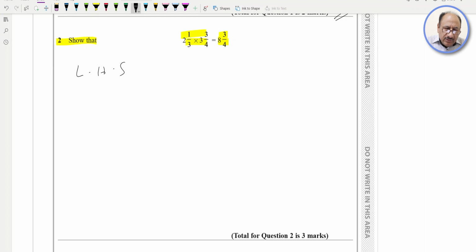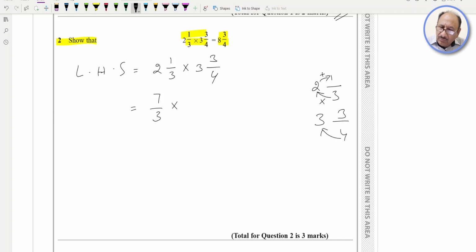Left hand side is equal to 2 whole 1 over 3 multiplied by 3 whole 3 by 4, and we can solve 2 whole 1 by 3. 3 into 2 will be 6, and then we will be adding 1. 6 plus 1 will be 7, so 7 over 3, and similarly 3 whole 3 by 4. 4 will be multiplied by 3, so it will be 12. 12 plus 3 will be 15, so 15 over 4.